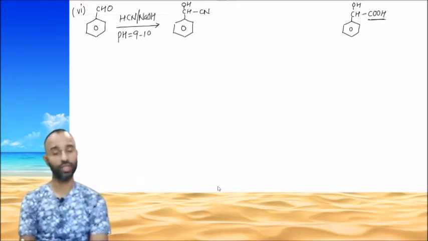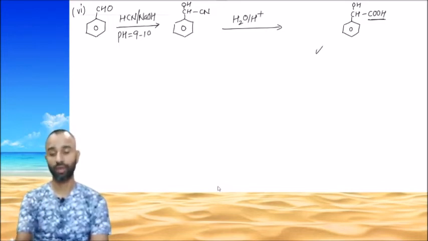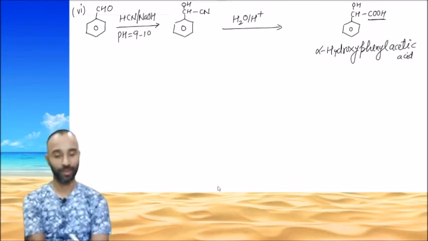Cyanohydrin is formed, right? And then cyanohydrin on hydrolysis we get alpha-hydroxyphenylacetic acid. That's it.